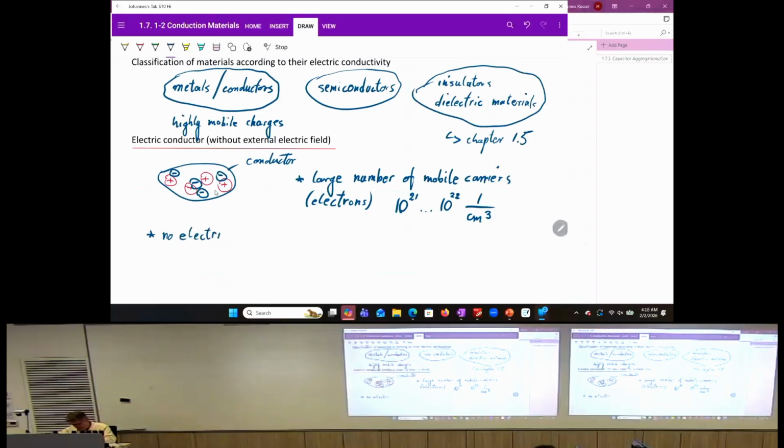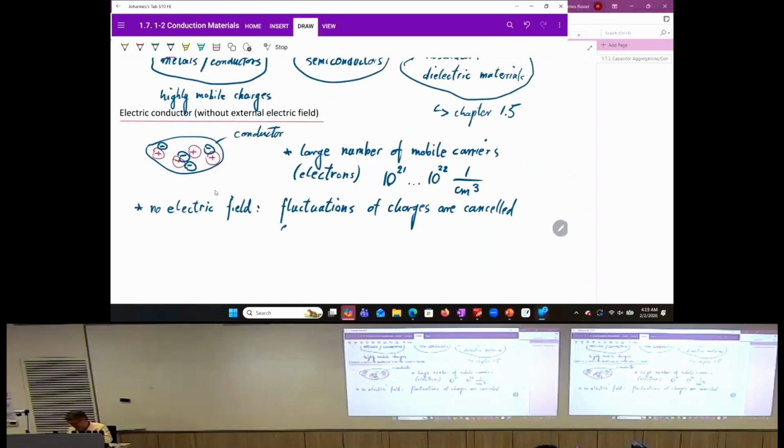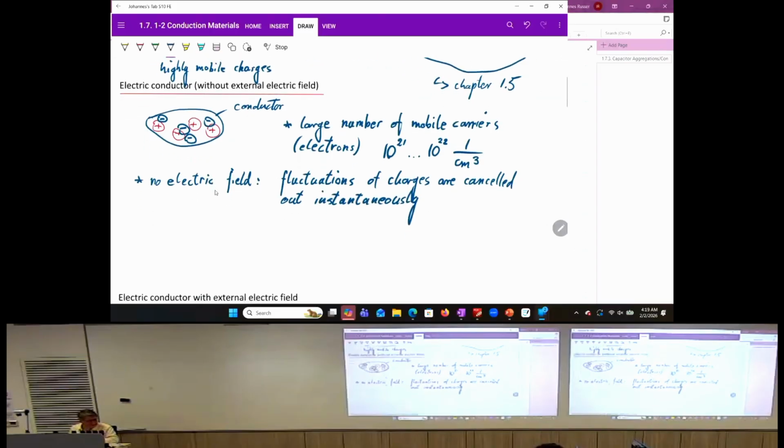They are moving around, so the field keeps changing, but any fluctuations of charges are cancelled out instantaneously. If you have any charge moving, you alter the electric field, of course, but because they're all mobile, any fluctuation of these charges is cancelled out, such that there will be no electric field inside the electric conductor. No electric field.